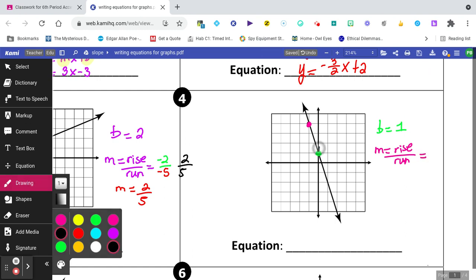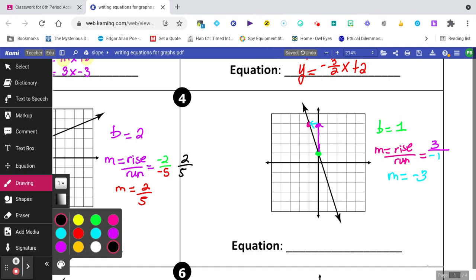So I'm going to rise 1, 2, 3. It's going to rise 3. And then I'm going to run to the left 1 to get to that point. So that's -1. Of course, you always simplify your fraction. So 3 divided by -1 is -3.